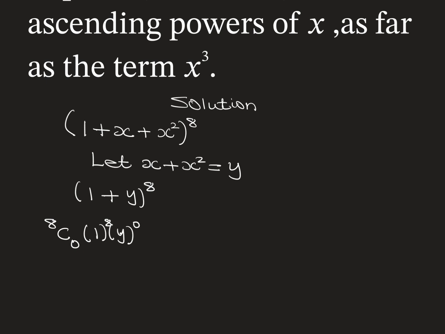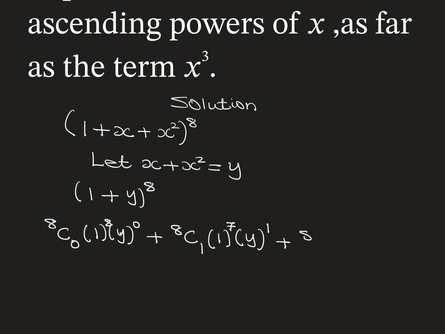All right, plus 8 combination 1. Then we bring in the binomials again. That will be 1 into y. So 1 will go in descending and y will go in ascending. As you can see, y is from 0 to 1, and it will continue like that.